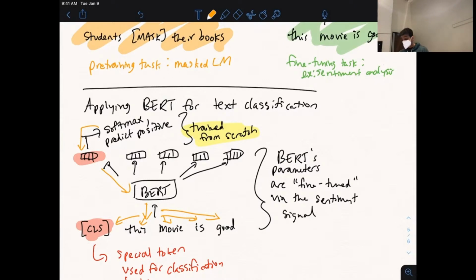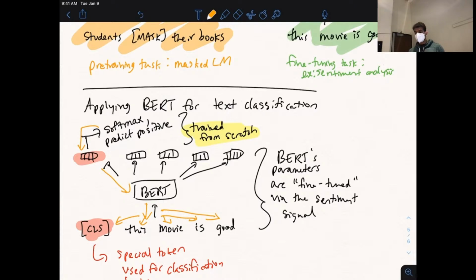And then we just add a small softmax layer on top to specialize it to any arbitrary text classification task. So we really have taken a lot of advantage of this transfer learning paradigm to transfer the knowledge from the masked language modeling task into a model that can actually do sentiment analysis. That is the overall idea.